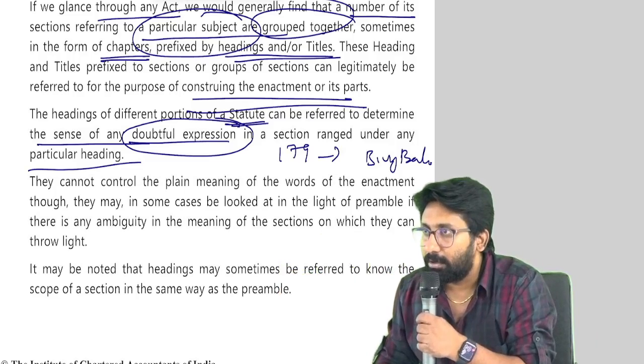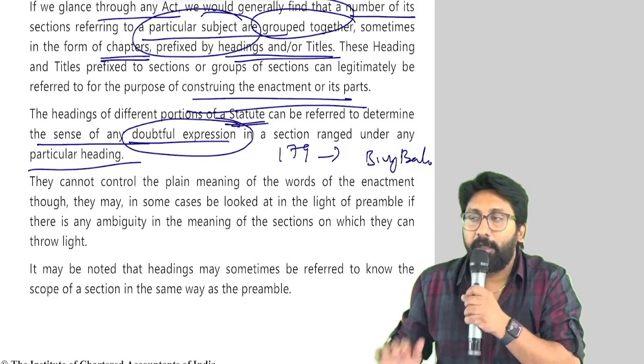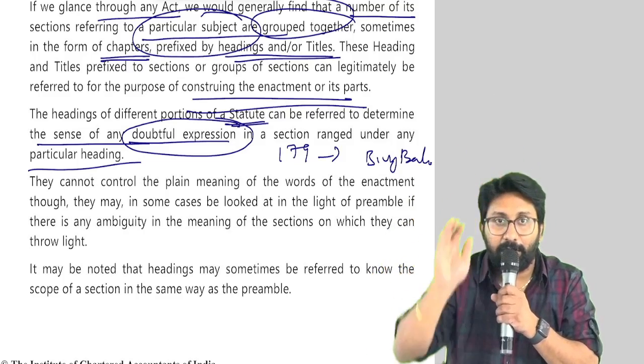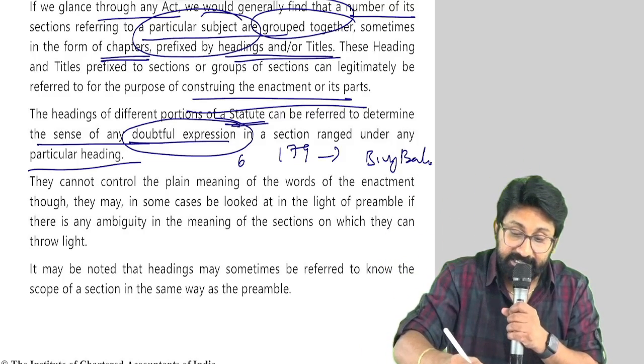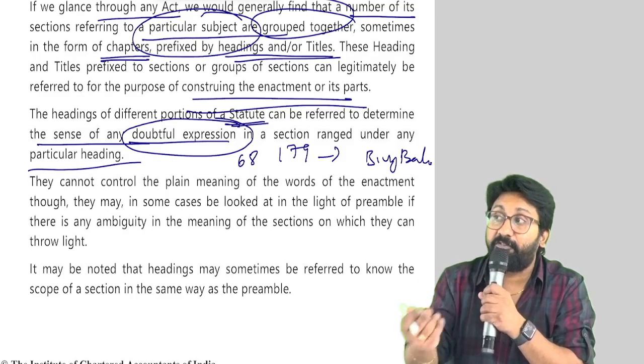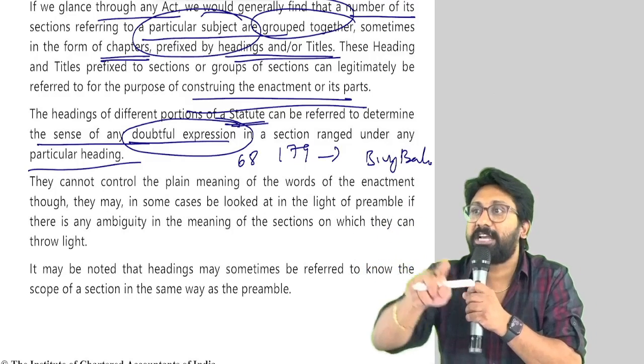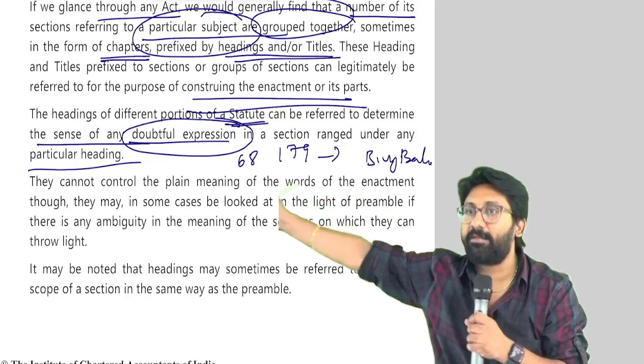What to do? You will not sleep if you get a doubt. You have to go to the buyback concept. Which section is it? 68. Section 68 has buyback. Section 68 falls under which chapter? Chapter number 4. That's how chapter headings will be useful, he is telling.